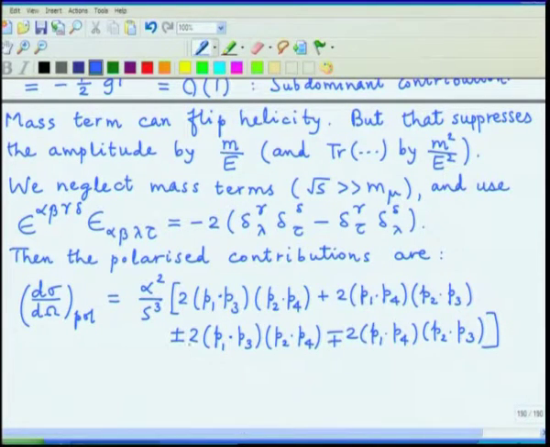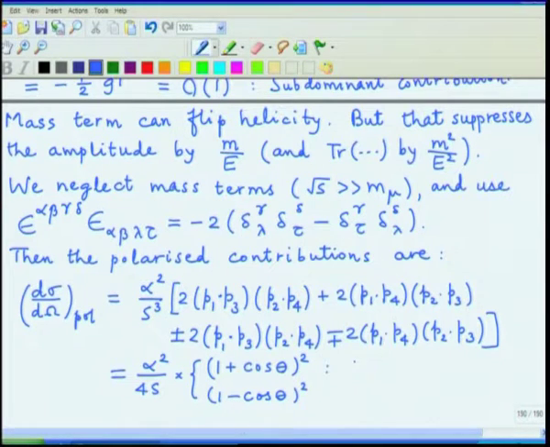Now, it can be simplified in the case of the two independent amplitudes which we have, and that can be easily calculated to be the factors which are nothing but 1 plus cos theta whole thing squared or 1 minus cos theta whole squared, where the first option is valid for LR going to LR or RL going to RL.